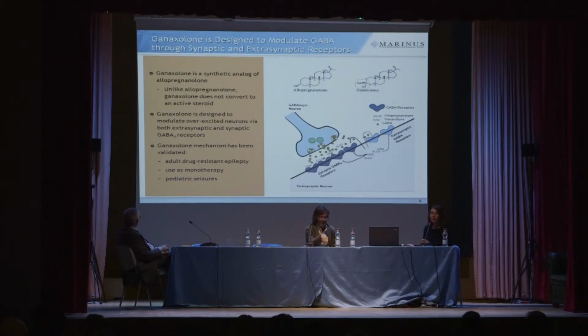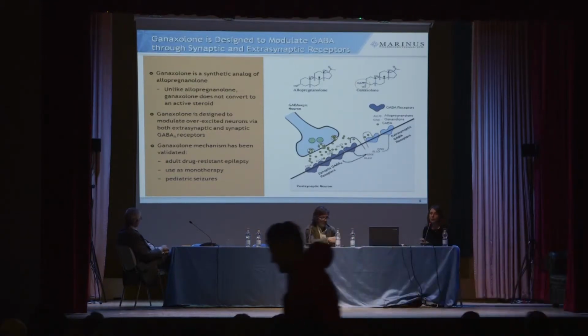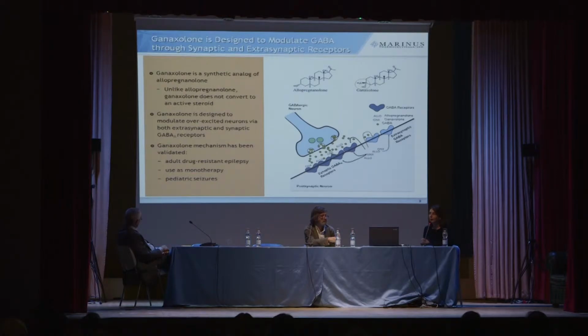What we have seen so far in terms of efficacy, in terms of the way the drug works in various preclinical models, is that the two molecules behave very similarly. We recently have done some status epilepticus models that the previous speaker spoke about, and we have been able to replicate the efficacy story about Ganaxolone versus allopregnanolone.